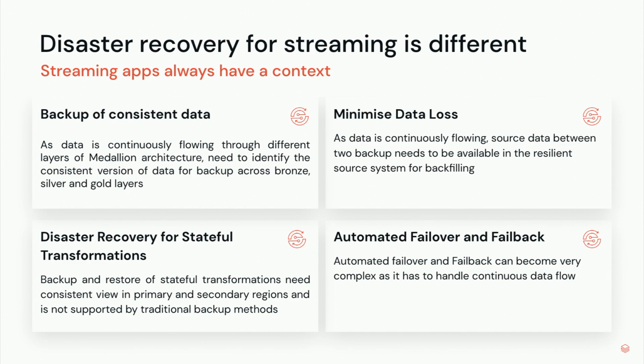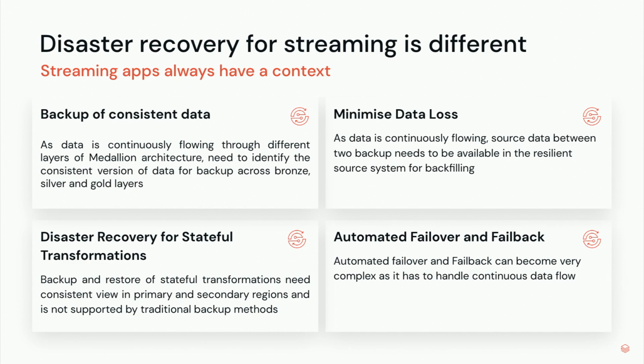So it is important to back up not just the data, but also the context which is tracked in checkpoint directories. Having a consistent backup across all the different layers of your data pipelines, for example from bronze to gold, is a challenge, because some might be falling behind, some might be up to date with each other.